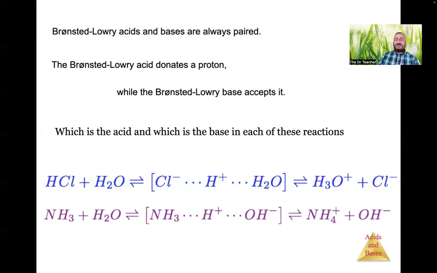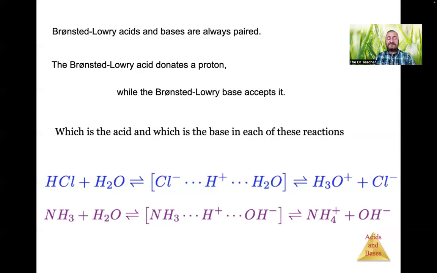Okay, so we have to see which is the acid and which is the base in each of these reactions.